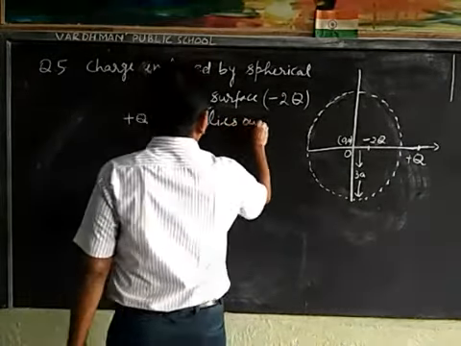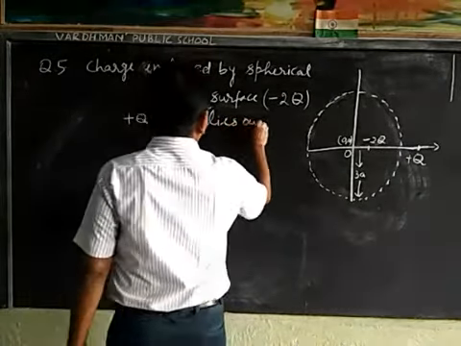How? The electric field can be 0 inside a spherical surface. What is an example of the electric field being 0 and the electric potential not being 0? The example is the electric field due to a charged spherical cell.